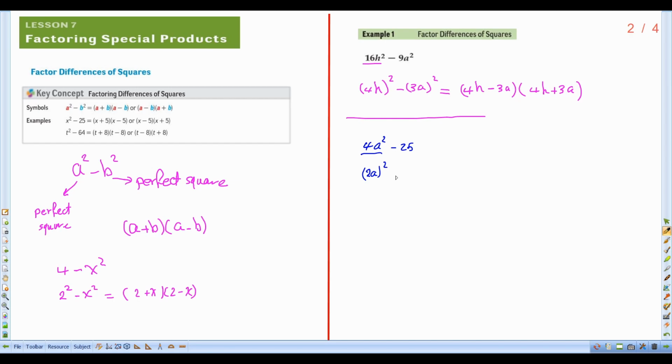And the second one, 25, can be written as what? 5 to the power of 2. So yes, it's a difference between two squares. So directly it would be factorized as the product of two polynomials. The first one is 2a plus 5, and the second one is 2a minus 5.